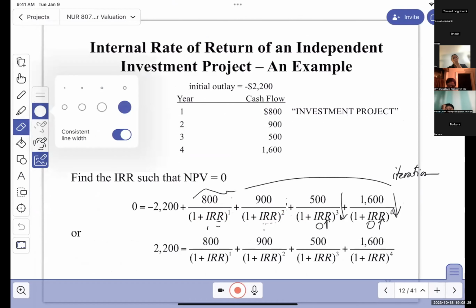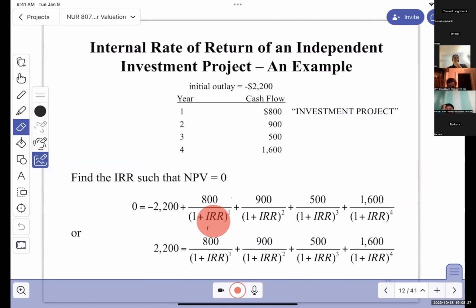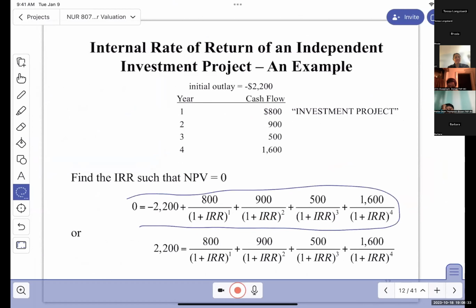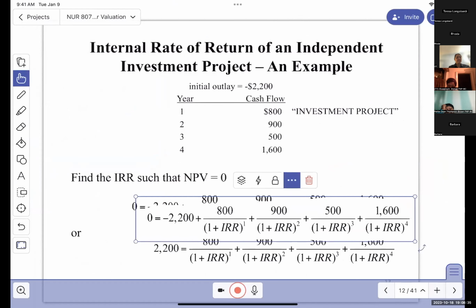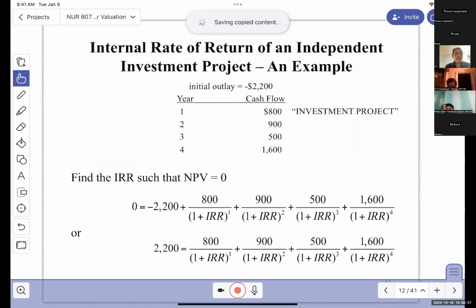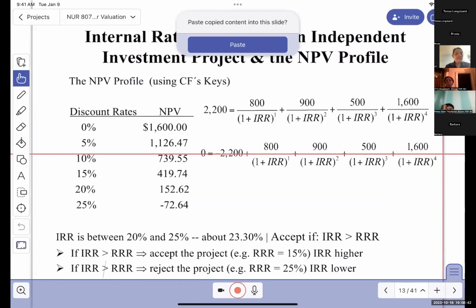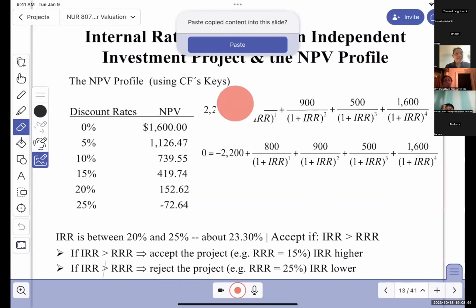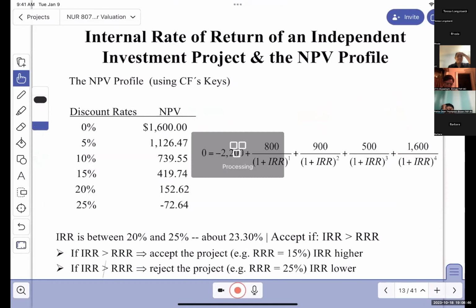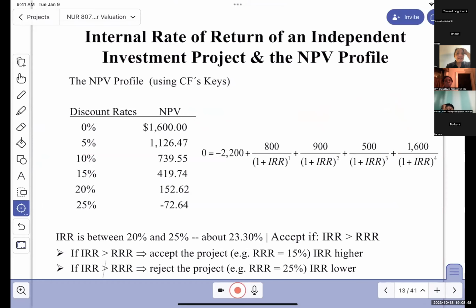Give me a moment. Okay, so if I put 0 in here, I get 1,600. That will be the net. Everybody's good with that, right?